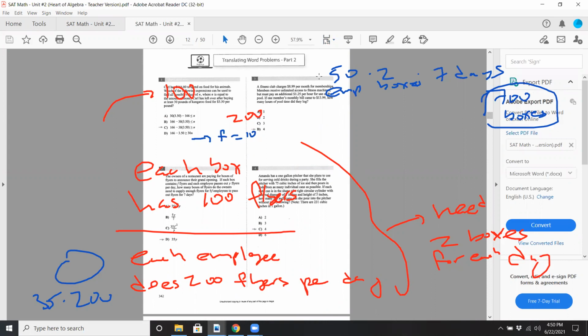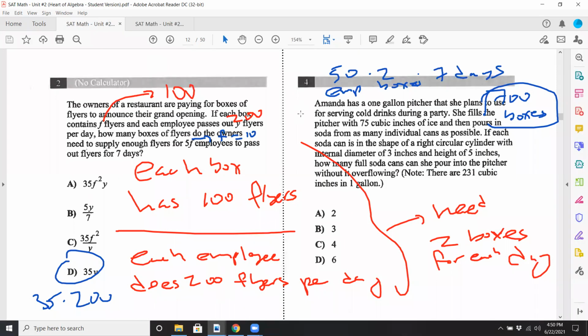So I know the answer is D. So 50 employees, 350. Yeah. 5F employees.